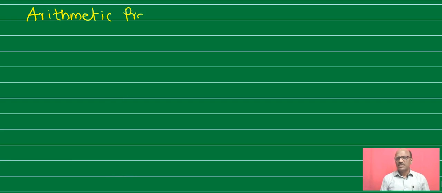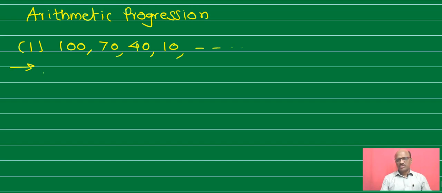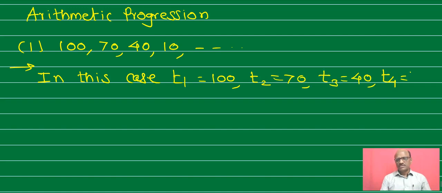Now, what is meant by arithmetic progression? Arithmetic progression means if we take any two consecutive terms, the difference between the two terms is always constant, and that type of progression is called arithmetic progression. Now see 100, 70, 40, 10. In this case, T1 is 100, T2 is 70, T3 is 40, T4 is 10. And what does D mean? The difference. T2 minus T1, 70 minus 100, that is minus 30.